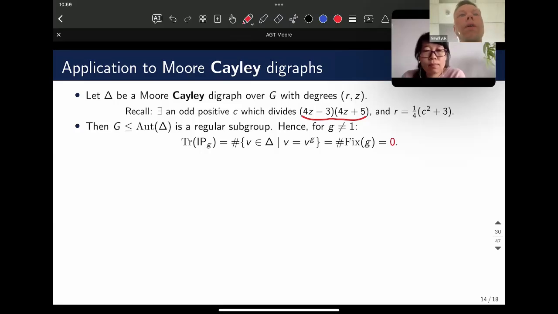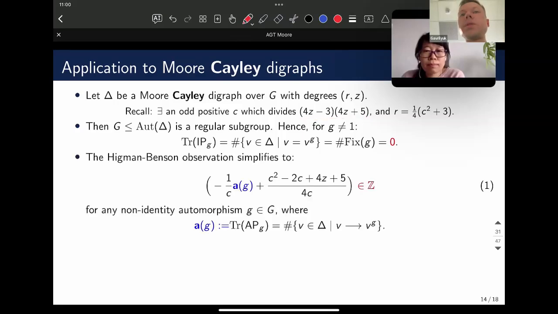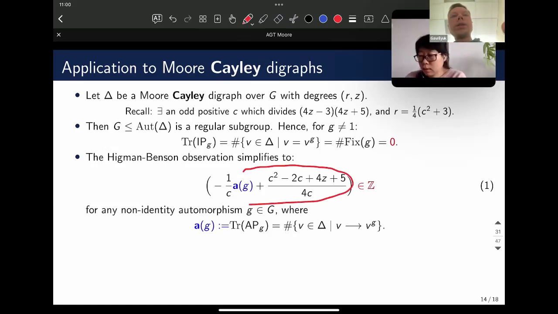So in particular, for non-identity elements, we can now compute this trace. The number of fixed points of every automorphism from this regular subgroup equals 0. And this simplifies the Higman-Benson formula. So now this formula simplifies to this one. So we have the following condition, that this quantity must be an integer.